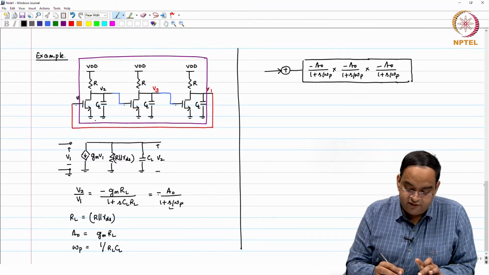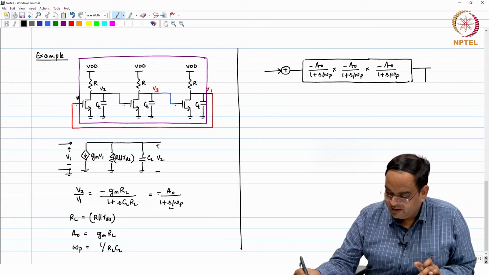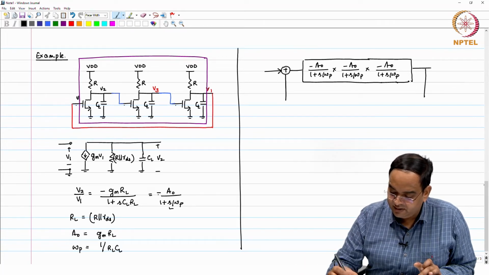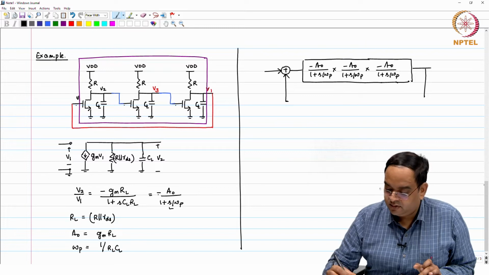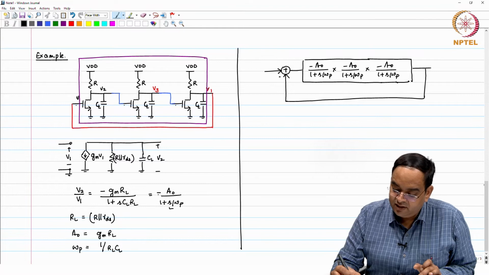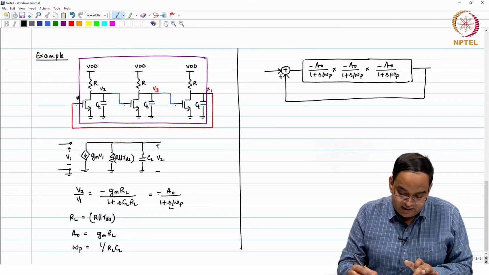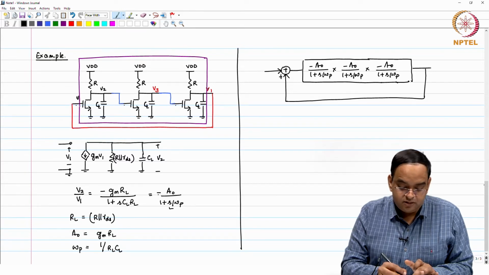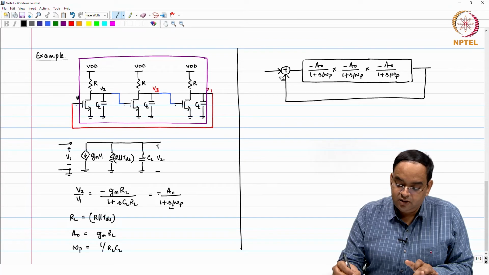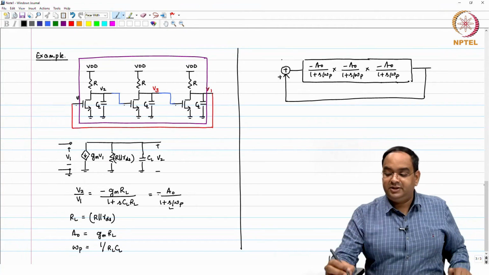Okay. That is the gain for each stage, and the output finally is fed back here like this, and it is directly connected. There is no negative sign connected from the output of the last stage to the first stage. So, it is still in a positive sign. So, we have to take this into account, and there is no input to the system.